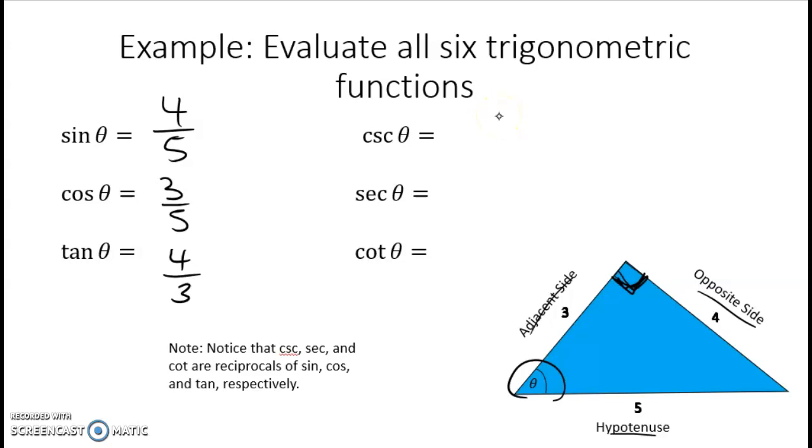Now for cosecant, I'm going to flip sine, so this is going to be 5 over 4. Secant, you flip cosine, so this is going to be 5 over 3. And cotangent, you flip tangent, so this will be 3 over 4.